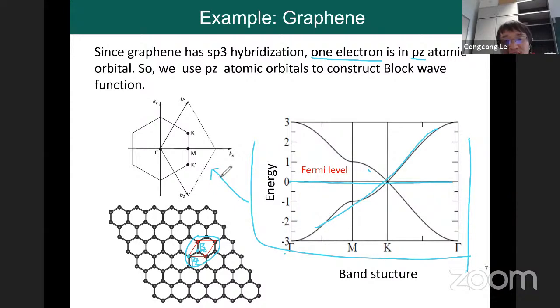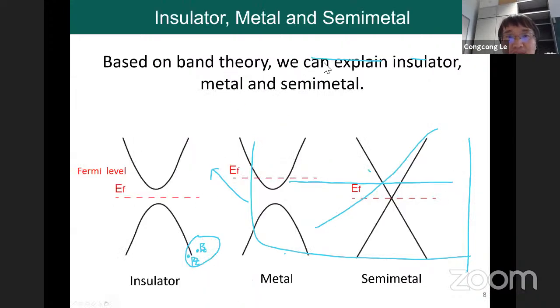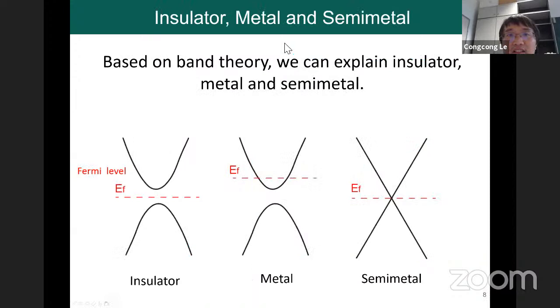So this is about the graphite band structure, and then I want to explain insulators, metals and semimetals based on the band structure. We can see the first band structure like this one. If the Fermi level is in the band gap like this, then no electron can provide any transport information.